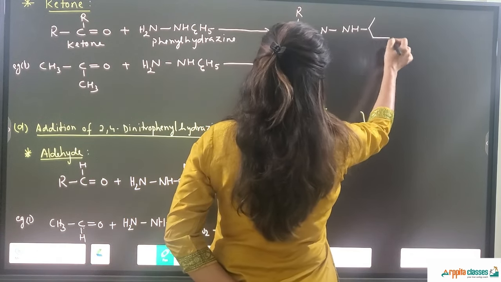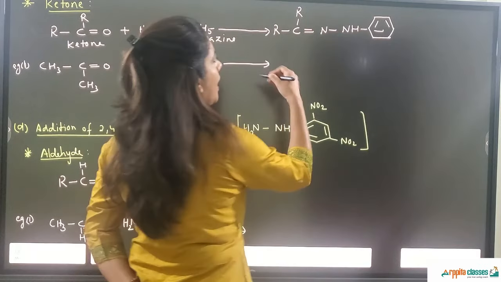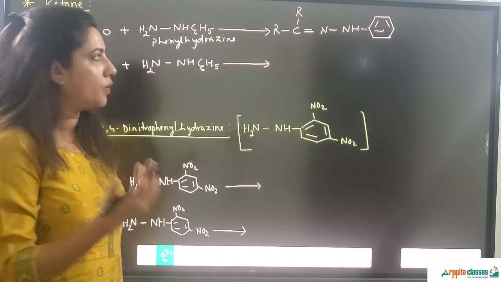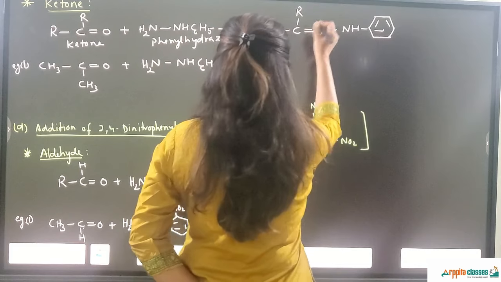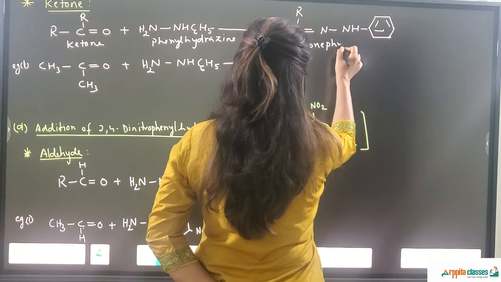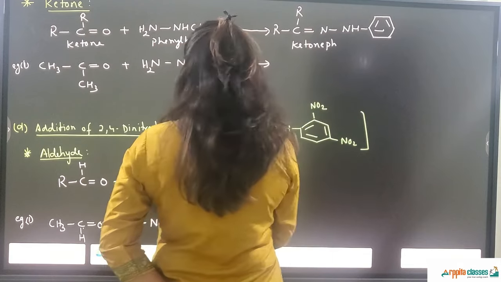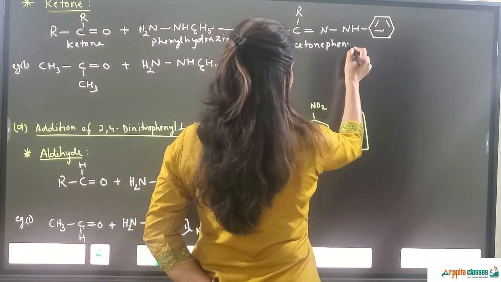You can write down your phenyl group this way also, as the benzene ring. Okay, I'm showing you different presentations so that you don't get confused. This is called ketone phenylhydrazone.